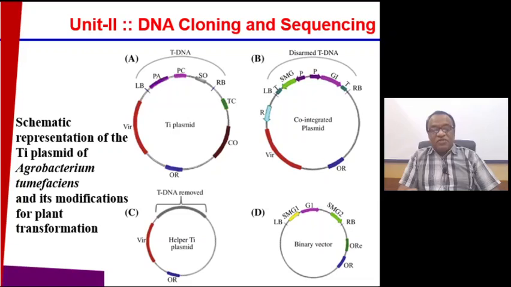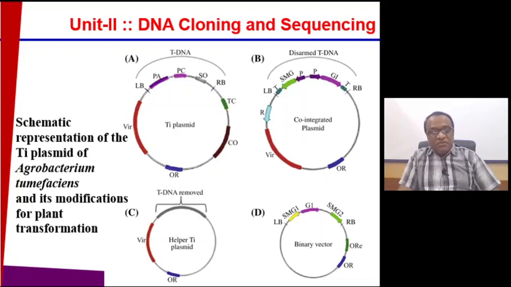Now the exogenous tDNA introduces the exogenous gene of interest, referred to as GI, and the selection marker gene referred to as SMG, and the promoter P and the terminator T regions.